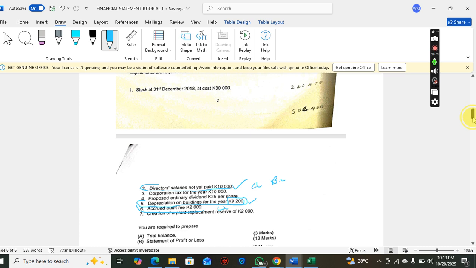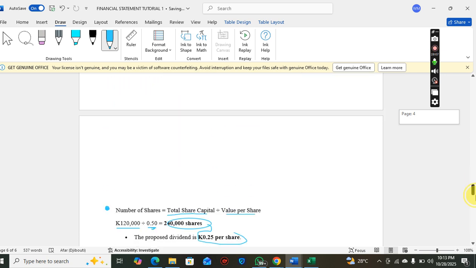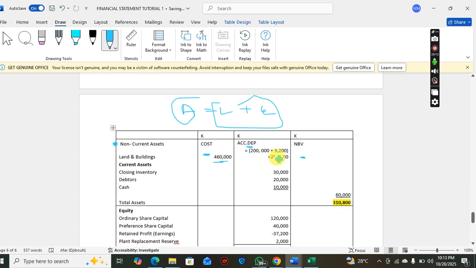So that depreciation expense of 9,200, you add your depreciation expense for that year to the accumulated depreciation. If you say depreciation expense and you see accumulated depreciation, just know in the balance sheet you need to add it.